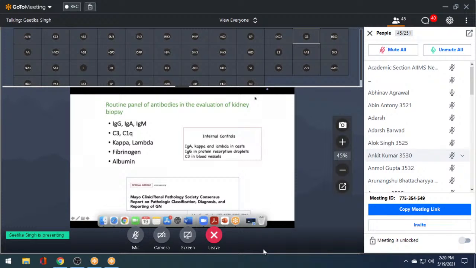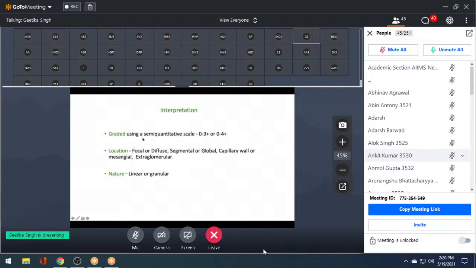Classical pathway, right. So Abhinav is absolutely right. When we put in a C1q, we are checking for classical pathway activation, and C3 is of course common to all pathways of complement activation. Okay. So this is how we would do it. We would stain for everything on every case, and then we would look for patterns and come to a diagnosis.